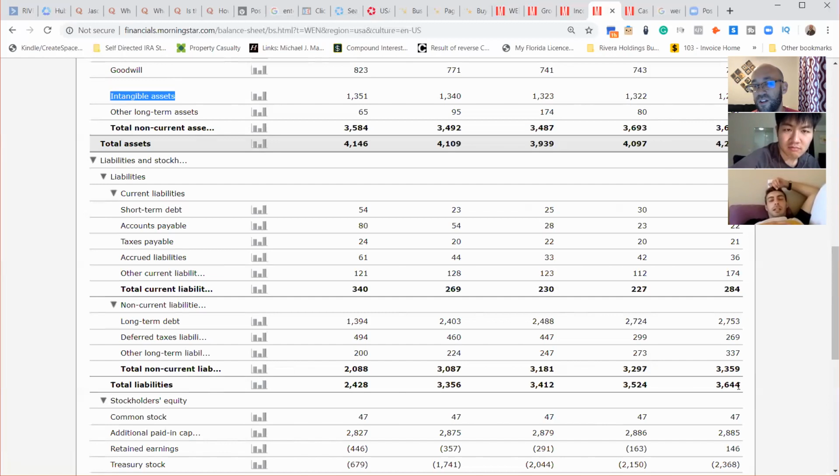I mean that if they have a negative tangible book value, they cannot have property or other stuff to sell to make money. They have to liquidate the company.